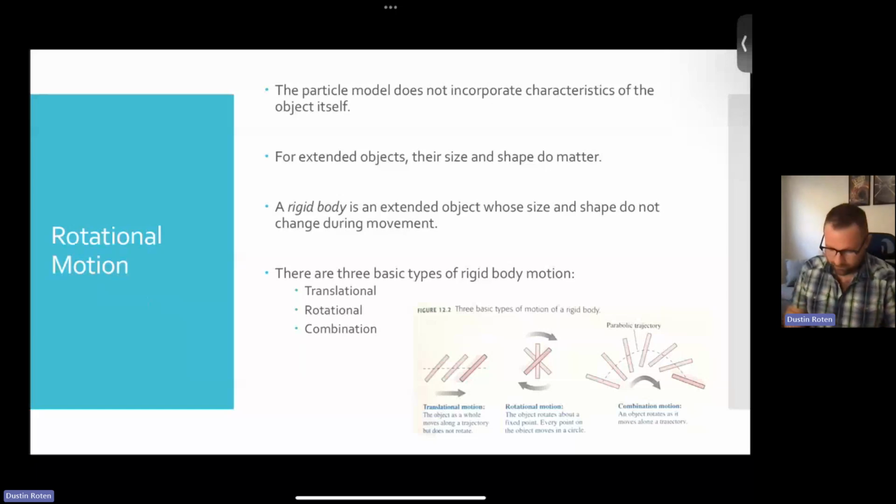The particle model is just one point, but if we had some sort of circular object undergoing rotation, we can't model that with a single particle. So we need to zoom in on these objects instead of treating them like particles and look at how the dynamics of the object itself is going to change.